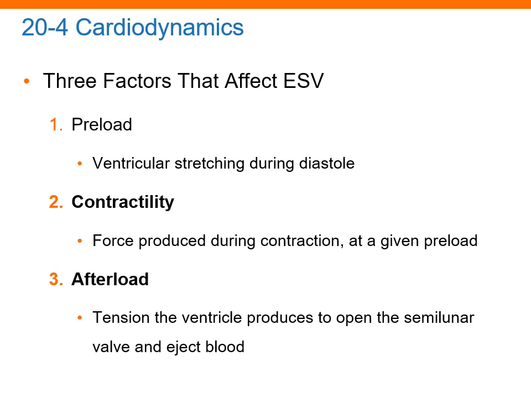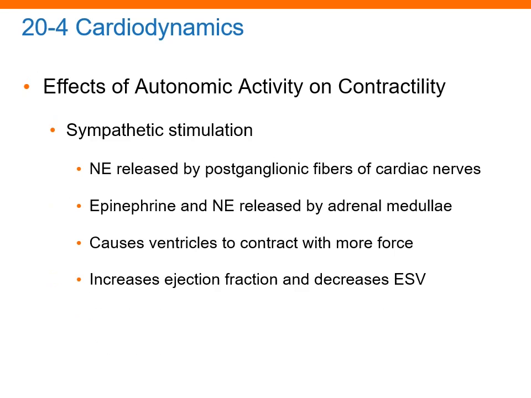So I would think that after the beat, the heartbeat or contraction, maybe more blood is left in there than normally would be left in the heart, in the ventricles. Okay, so a lot of these things are, I think, somewhat intuitive if you just understand what they mean, right? And then what makes the most sense.